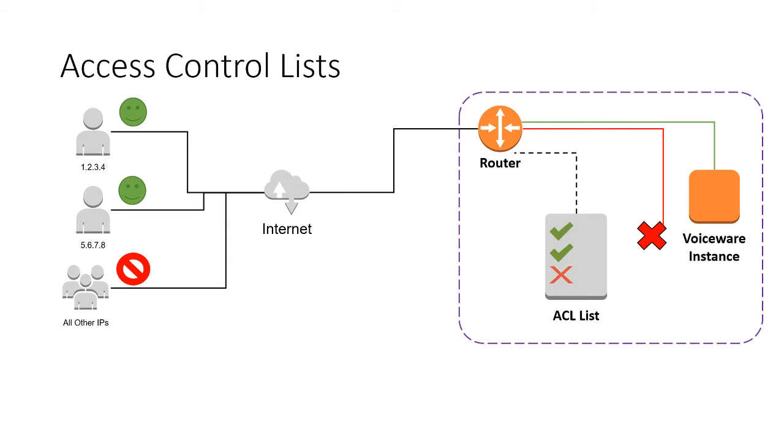What will happen is they will be given a certain amount of tries. Voiceware will look and say at some point, okay, you've tried too many times within this time frame. I'm going to go ahead and add your IP specifically to a blacklist. And then that person cannot access the system again. And that will help prevent hackers from, again, scanning your system and just pounding on it indefinitely.